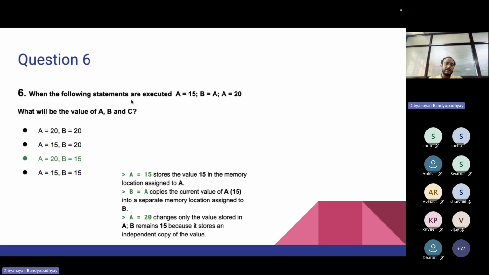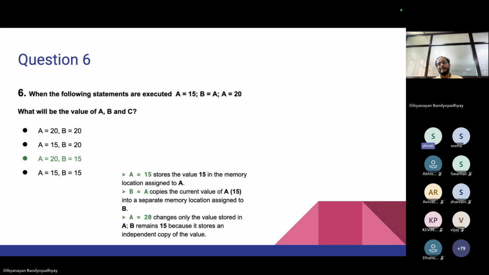Now there is another part of the question: what is the value of C? Do you see C anywhere? Can anybody answer this? What will be the value of C? If you execute this program, and in the last line you print C, will the computer be able to print C or not?